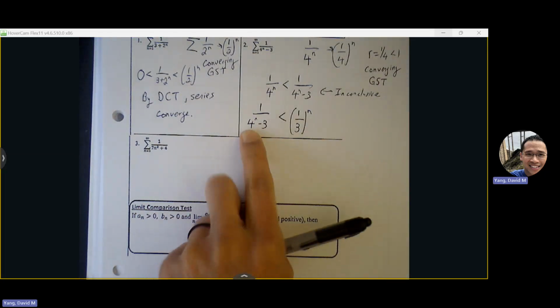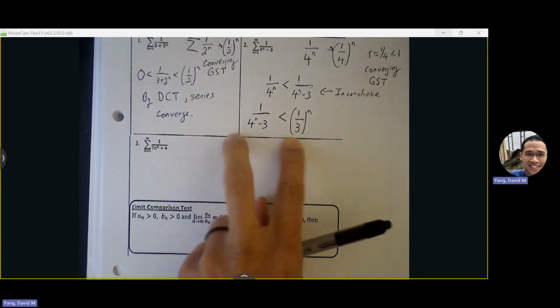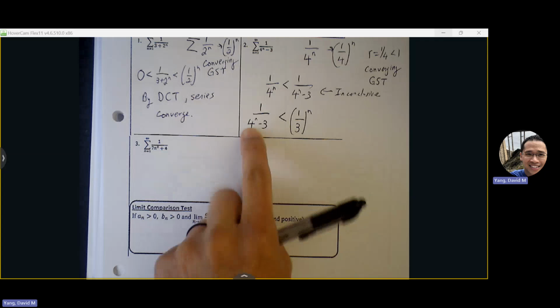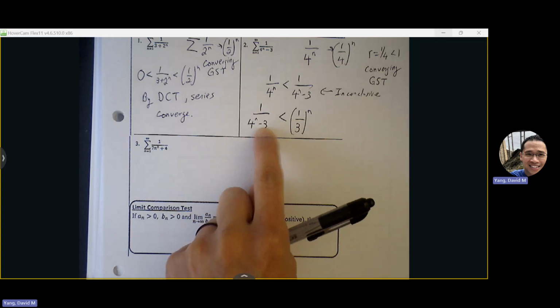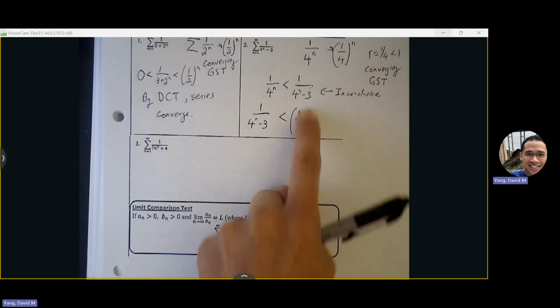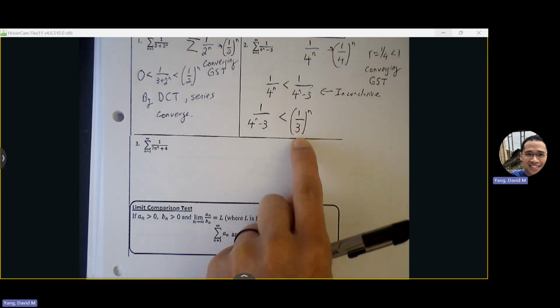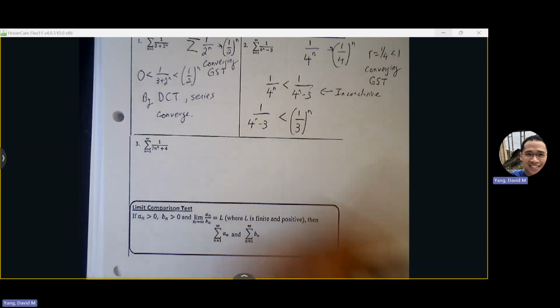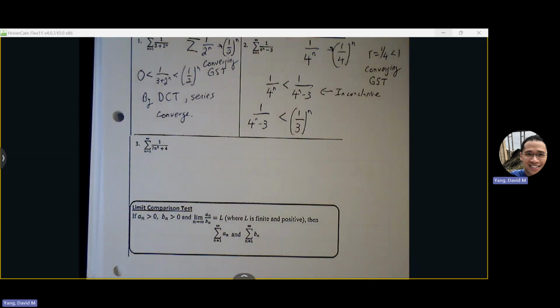We know 1/4 to the n is definitely smaller than 1/3 to the n, right? Anything that's larger in the denominator will be smaller overall. And that minus 3 will just make a dent from that 4 to the n. So this is a pretty strong argument that, if I'm comparing with this series, then because I can show that this is smaller than my converging series, by the direct comparison test, our series will converge.